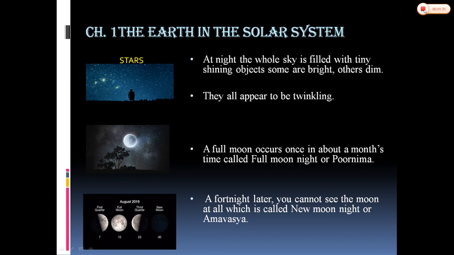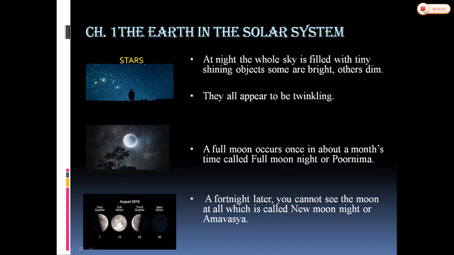You know very well that the moon is glowing in the sky, shining in the sky, but the moon does not have flickers around it. Such shining objects are the satellites. They are not twinkling. They are just glowing in the sky.